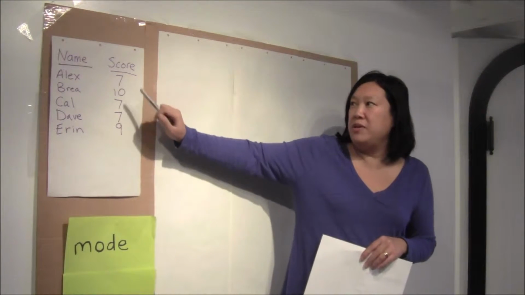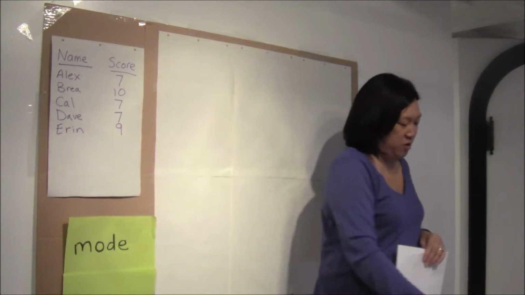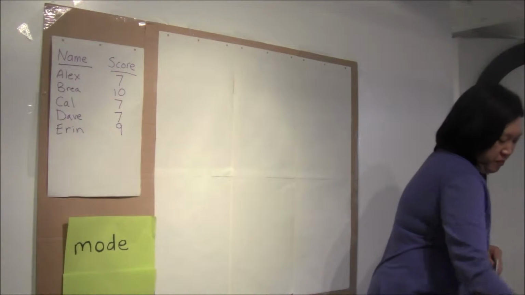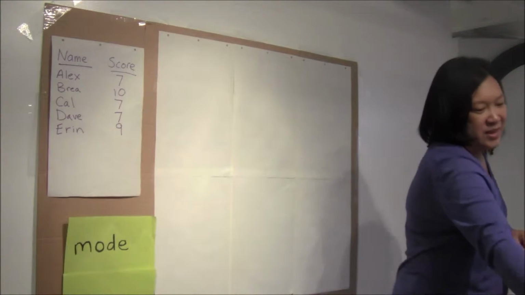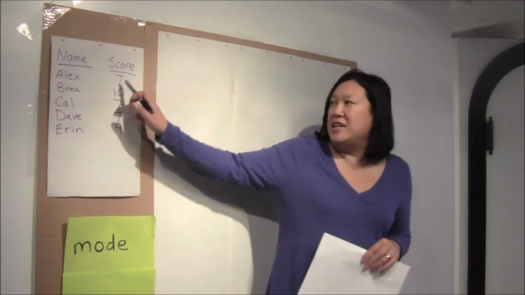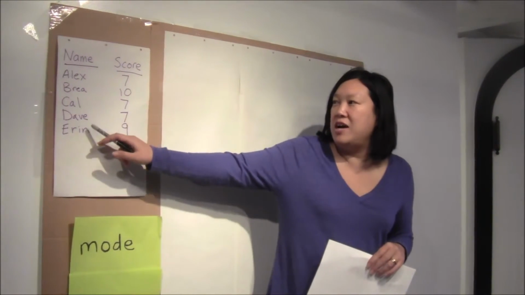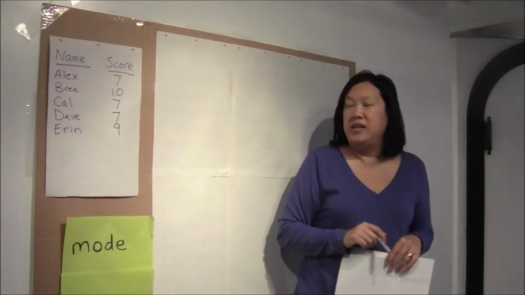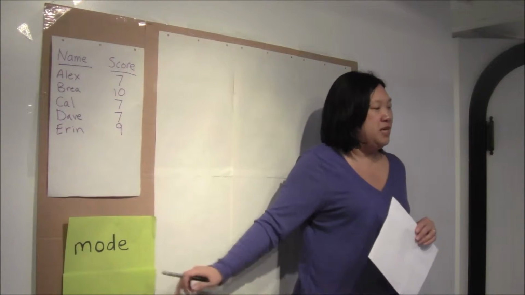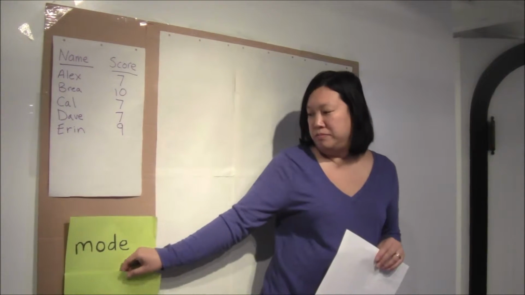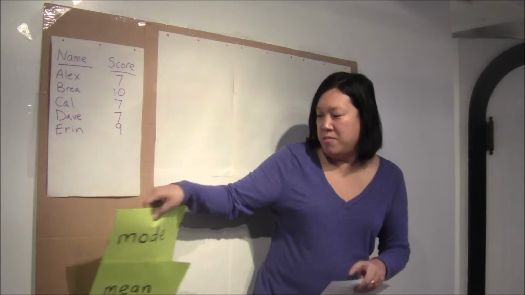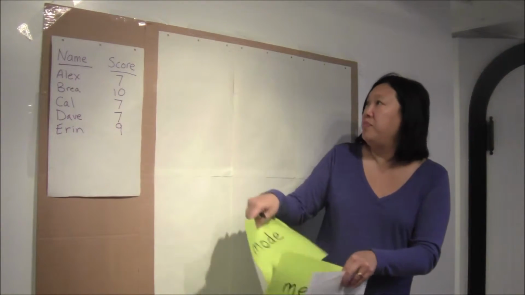So we would add up these numbers. And here's a calculator. Why don't you add these up and then divide by our number of people, and we'll get our mean score. So we talked about mode was 7.